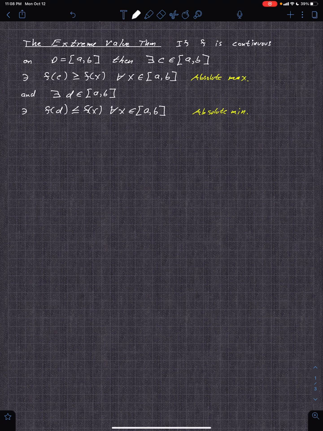All right. So what that's really saying is this. For a continuous function on a closed interval, there exists a max and min.